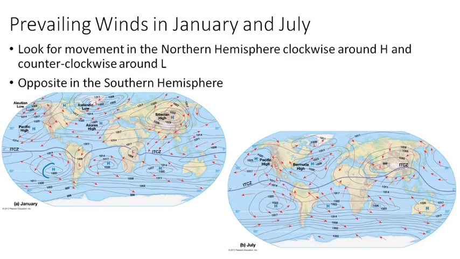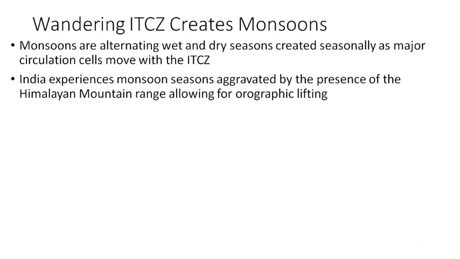So let's just give that a quick check. Here we have our semi-permanent high pressure associated with where the Hadley and the Ferrel cells bump up together. And notice that this actually is going counterclockwise, but it's in the southern hemisphere. So I just kind of mentioned that. So let's take a look at that wandering Intertropical Convergence Zone. Now, by definition, you've heard of monsoons, and actually North America has a monsoon also.